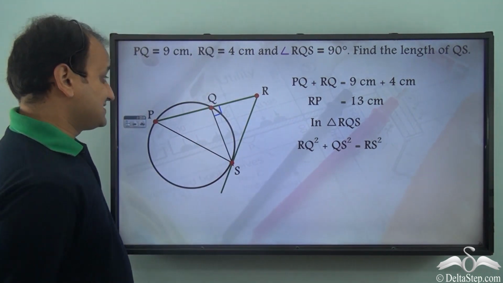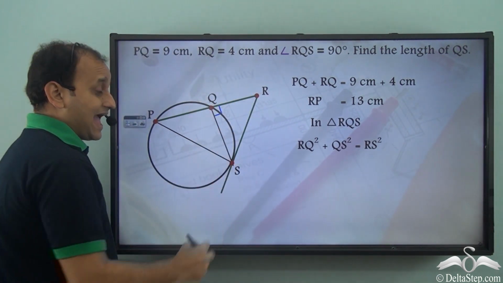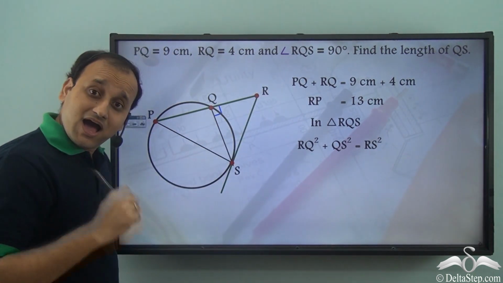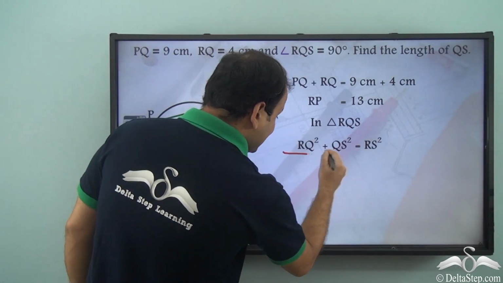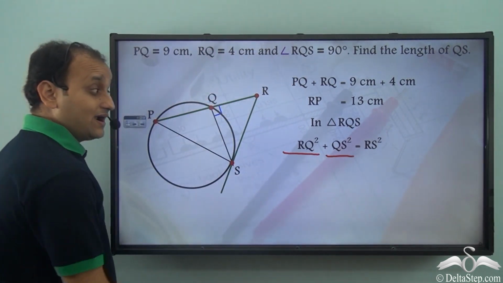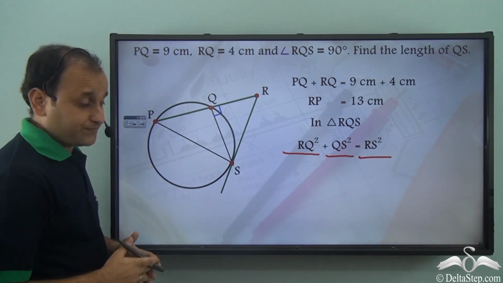So, in this case, if we consider RQ is the base, QS as the perpendicular, then RS is the hypotenuse. So, RQ square, base square, plus QS square, that is perpendicular square, is equal to RS square or hypotenuse square.